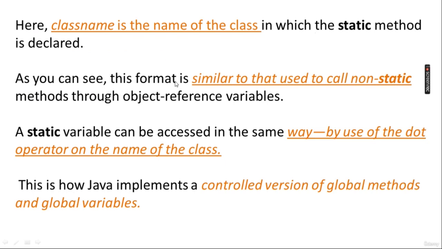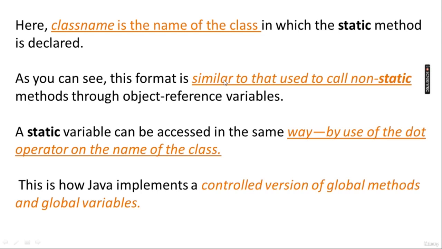As you can see, this format is similar to non-static methods we have already seen through object reference variables. A static variable can be accessed in the same way by use of the dot operator on the name of the class. So you can access class name dot variable name as well as class name dot method name.